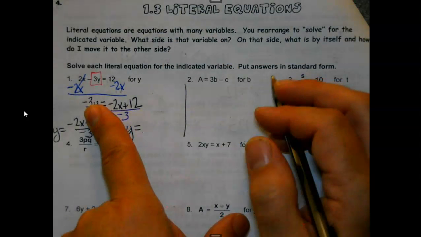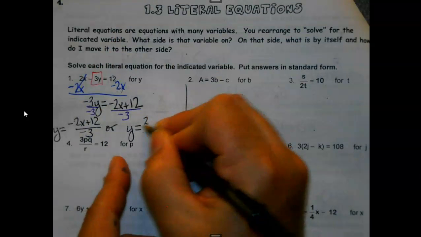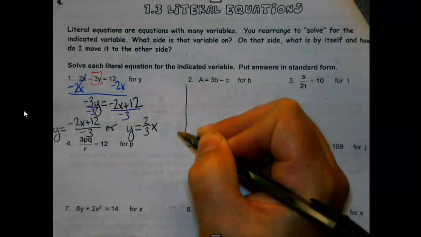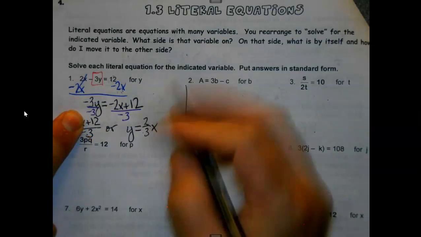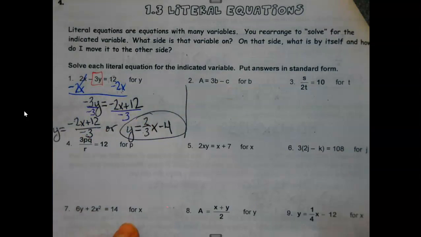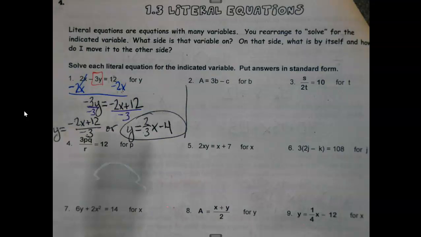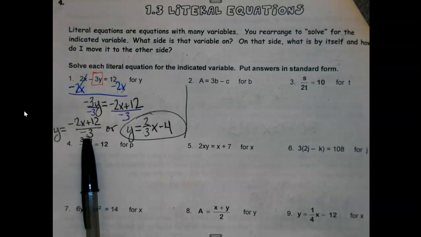If I divide each of these terms by negative 3, negative divided by negative is positive, so 2/3 x, and 12 divided by negative 3 is negative 4. I would probably go this route. Why? That looks like what I would do if I was going to graph a line. If I was going to substitute a value in, I'd rather have this.